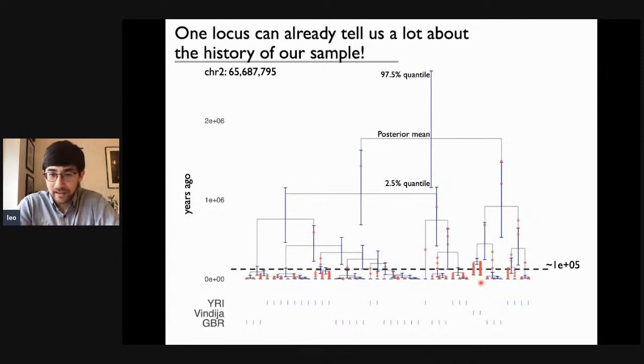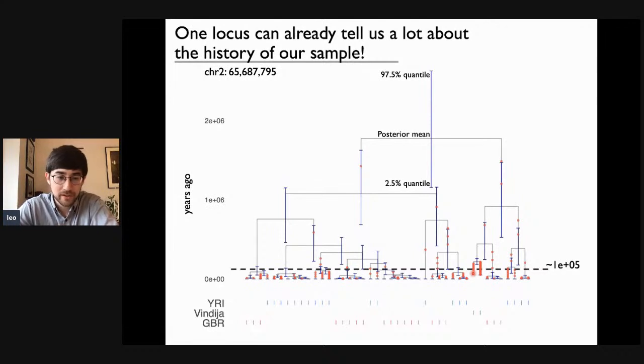If you look at this tree, the gray line shows you the shape of the tree, and the timings here are determined by the posterior mean of the branch length, and these error bars show you the quantiles of the coalescence times, and the red dots here are mutations that happened in this region of the genome. And I've included this dashed line here, which is approximately at 100,000 years ago.